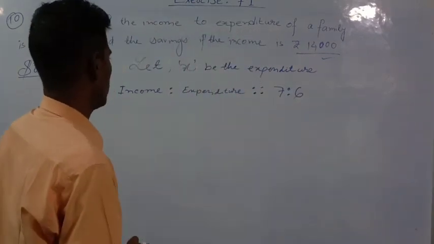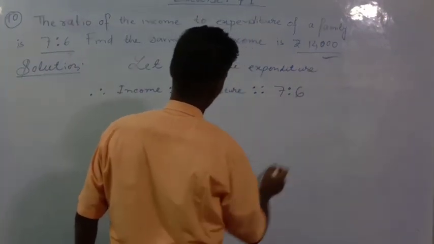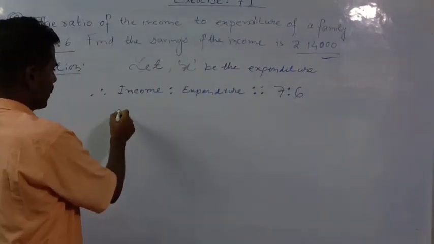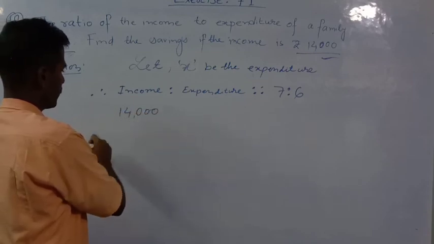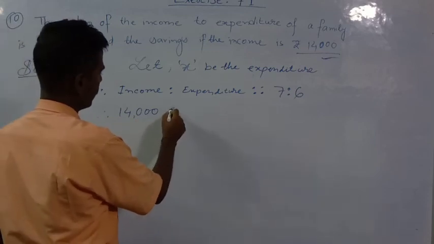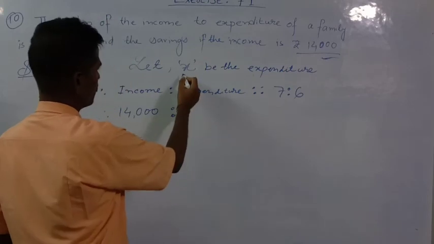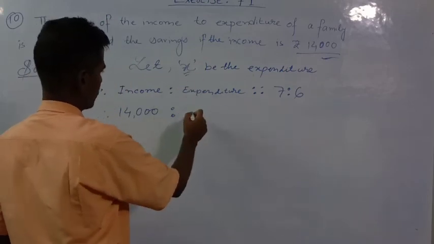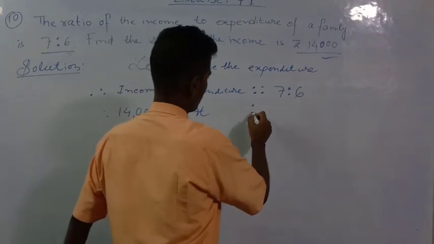Now in the question income is mentioned as rupees 14,000, so in place of income, rupees 14,000 is to expenditure. We don't know it, but we assumed expenditure is X, so in place of expenditure put the value X, proportional to 7:6.